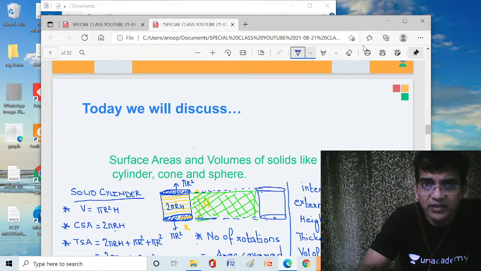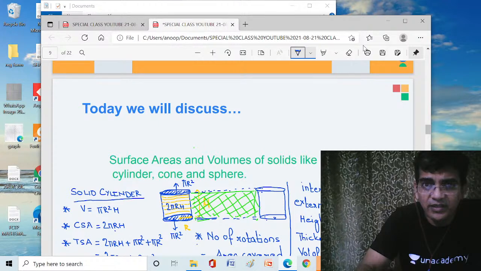And the fourth surface is the internal curved surface, which I am marking in red, here, from inside. So altogether, a hollow cylinder has four surfaces.